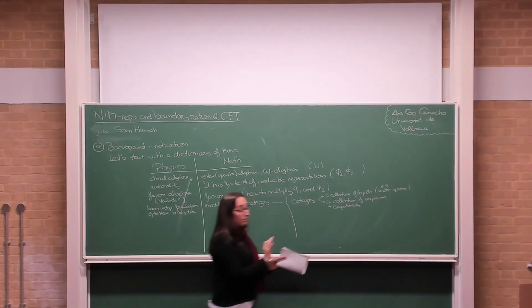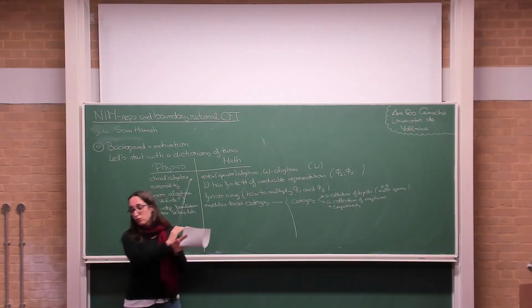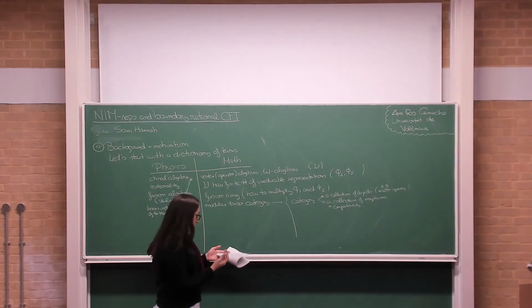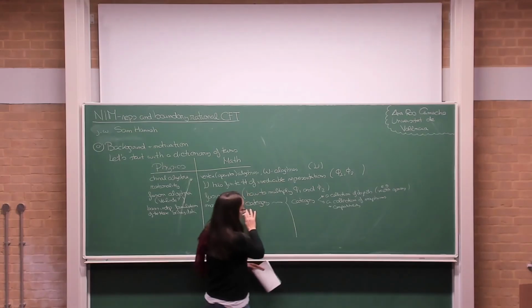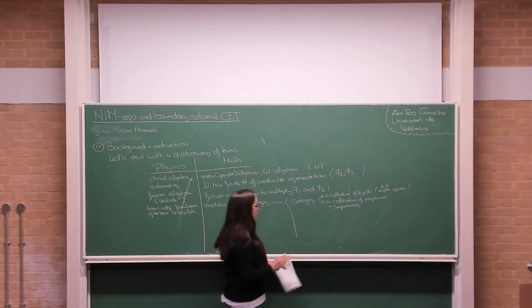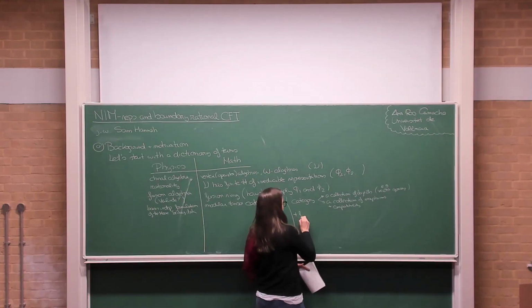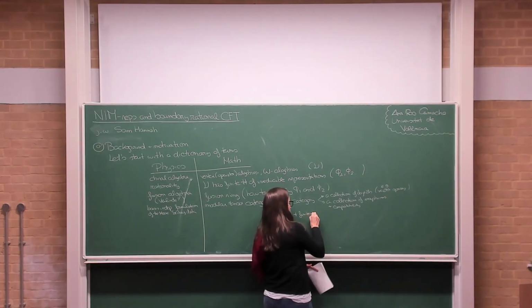And of course, whenever you have a category, you can put an enormous amount of structure inside. So in the case of the modular tensor category, of course, I'm assuming quite a bit of finiteness conditions.